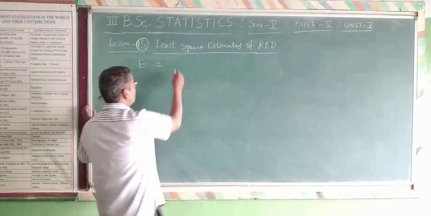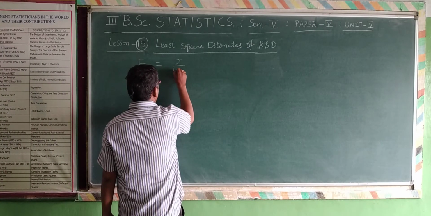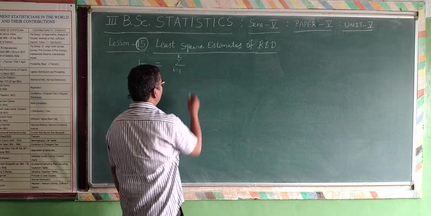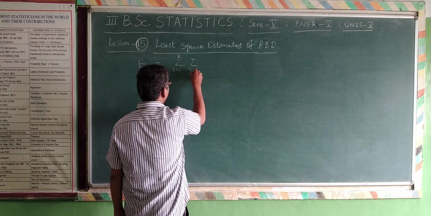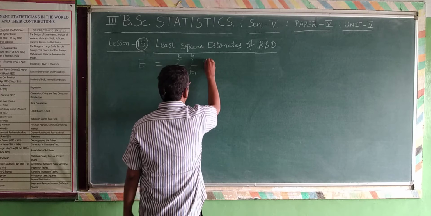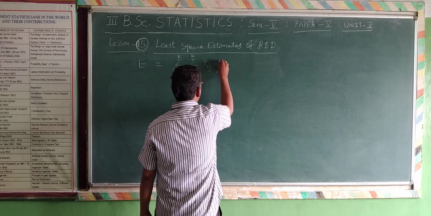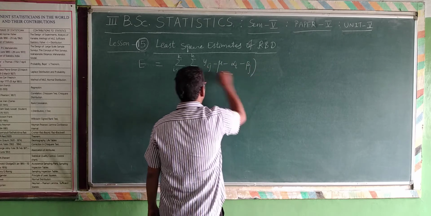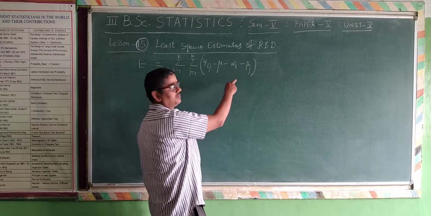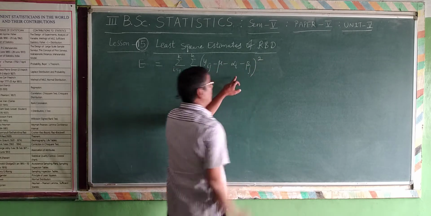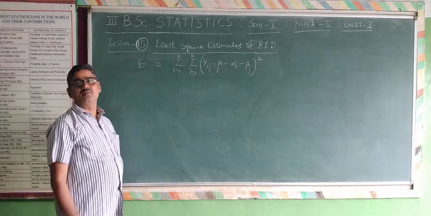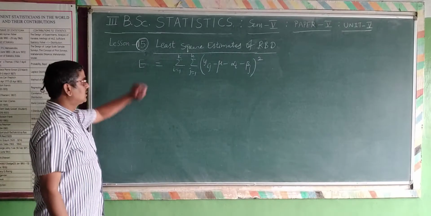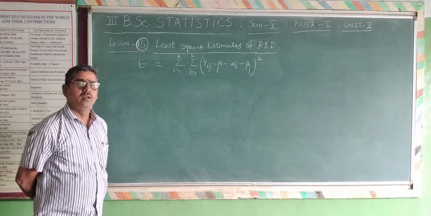E is equivalent to, in the randomized block design, summation i is equal to 1 to k, summation j is equal to 1 to h, Yij minus mu minus alpha i minus beta j, whole square. This is the error component, the deviation, the residual, the square of the residual, the sum of the squares of the residuals. That is the error component E we have studied.